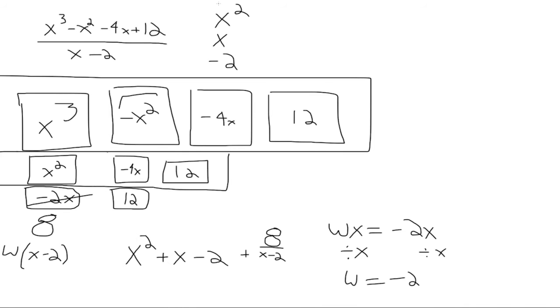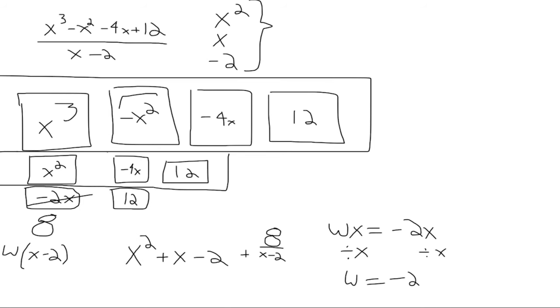Well, I basically just took all of these, and said x squared plus x minus 2 is how many times x minus 2 goes into this polynomial expression, the one we started with and wanted to divide by x minus 2. Now there's a problem. We ended with 8. We did not end with 0 as we had hoped.